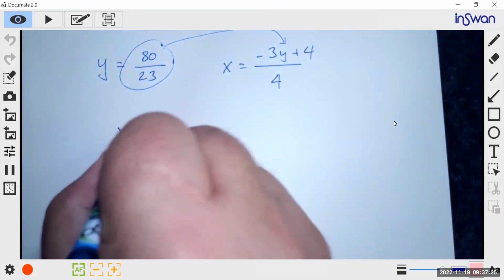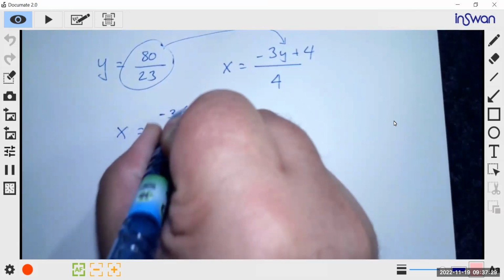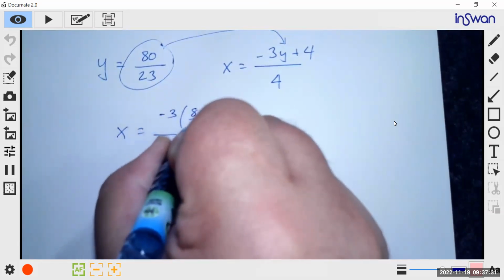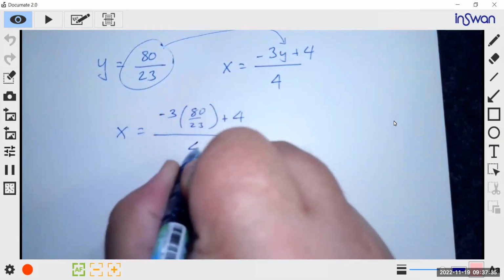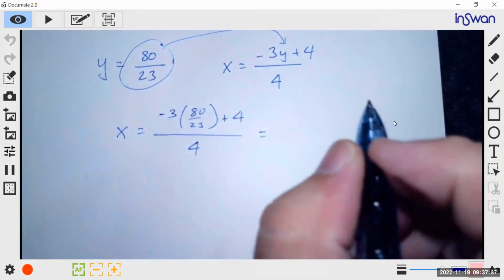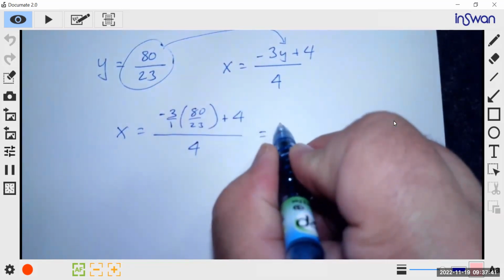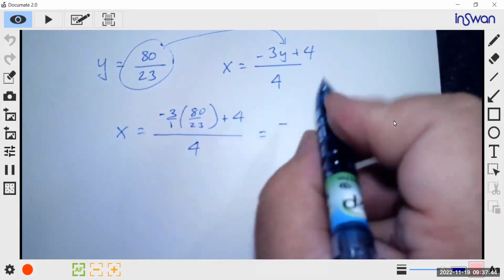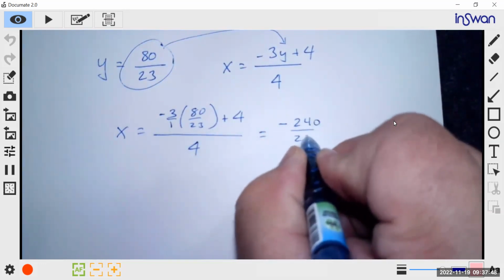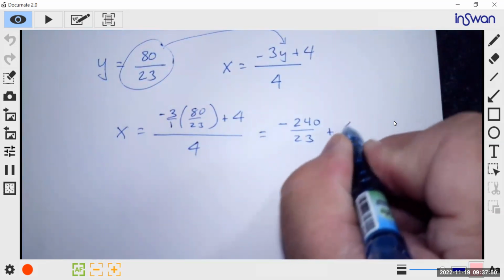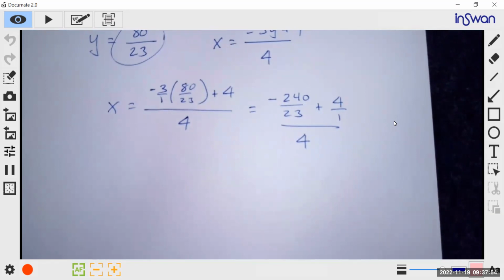So x is equal to negative 3 times 80 over 23 plus 4, all over 4. Nothing cancels. So we have negative 240 over 23 plus 4 over 1, over 4.